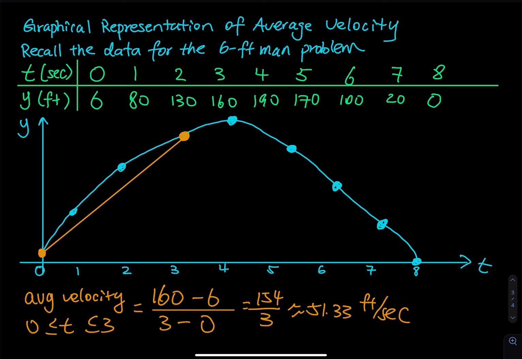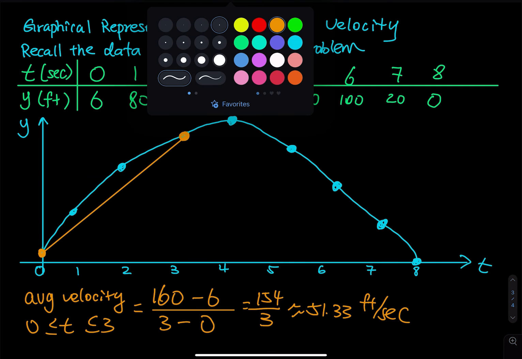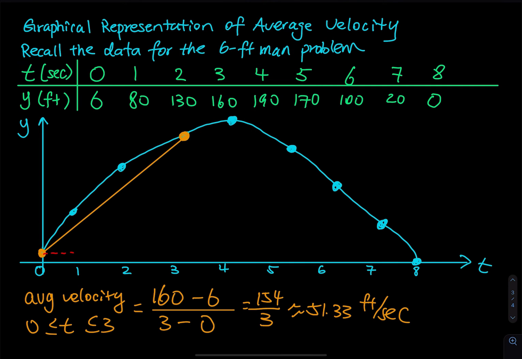Now, my question is, what is the slope of this straight line? You will use the rise over run, right? So this is the run, and this is the rise. How do you calculate the run? The run, you use bigger x minus smaller x, 3 minus 0, that is equal to 3. And how about the rise? Bigger y minus smaller y, so the rise is equal to 160 minus 6, that is equal to 154.